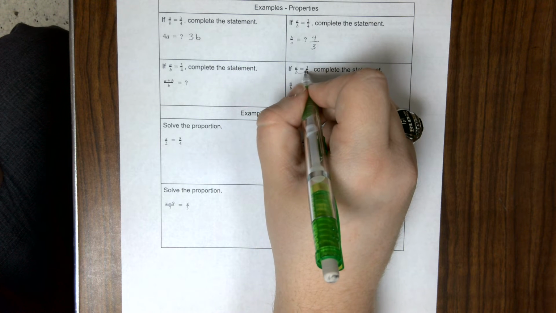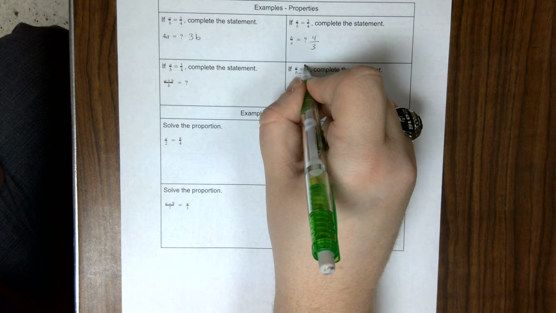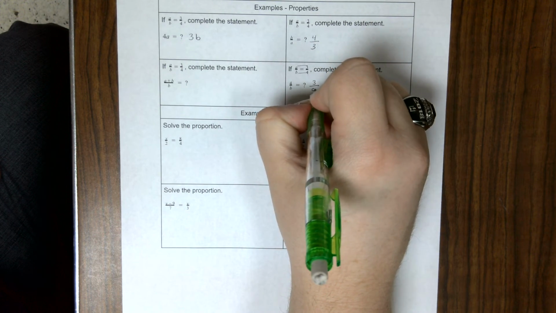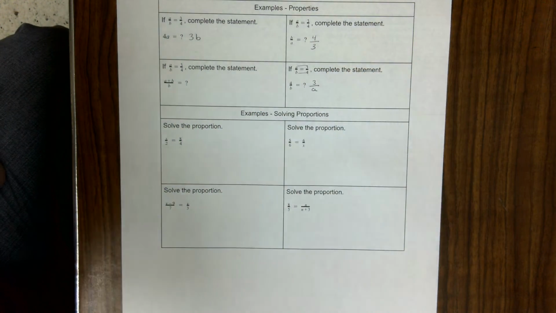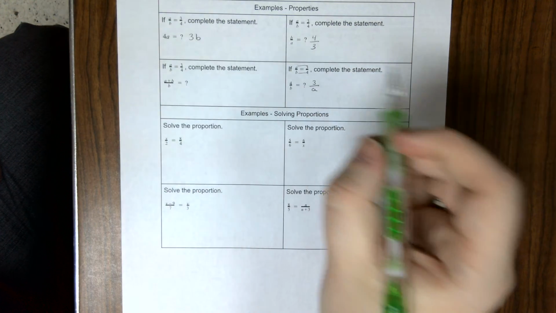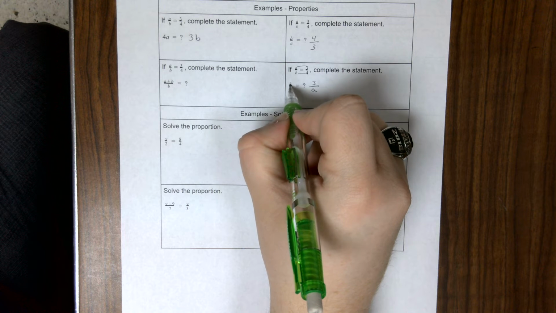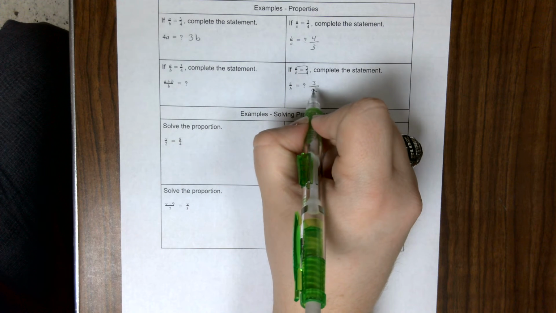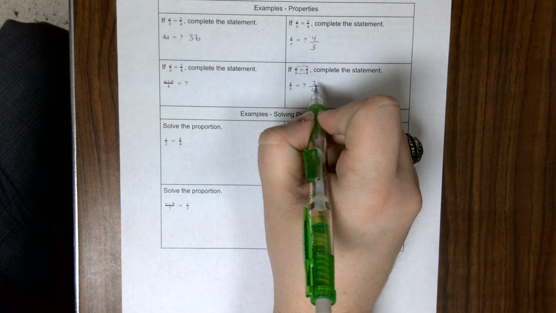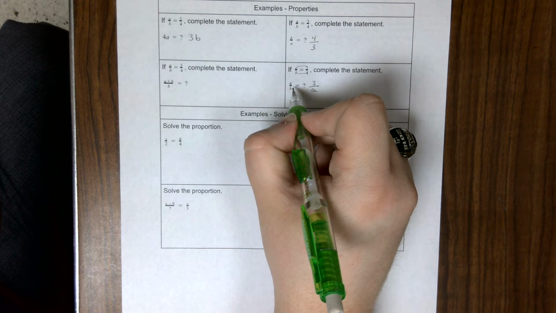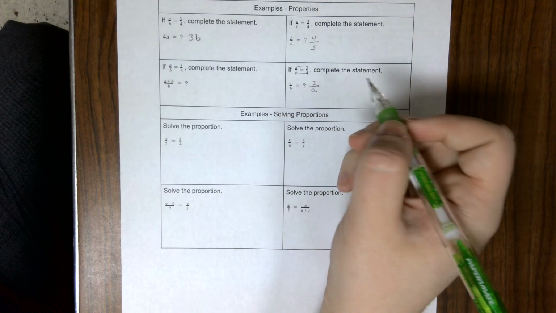So to keep everybody the same, I have to start with 3 and go towards A. So this would be 3 over A. And I hope you're picking up on this: however the first fraction is written determines how the second one is written. He's the deciding factor. He decides what happens to the second one.